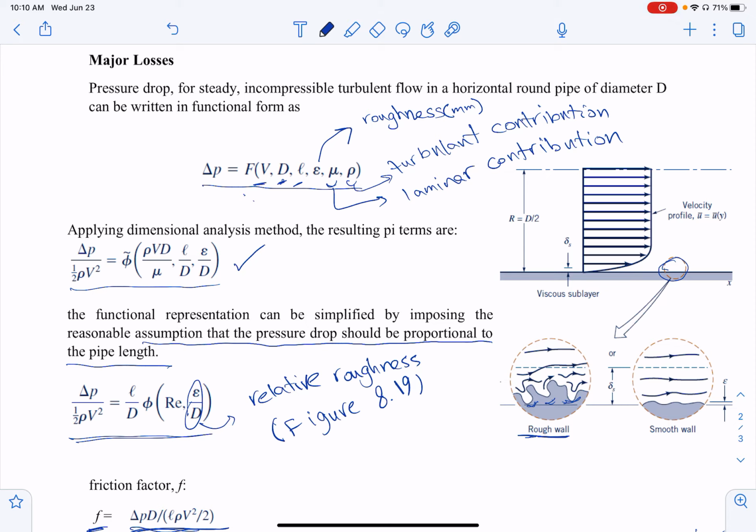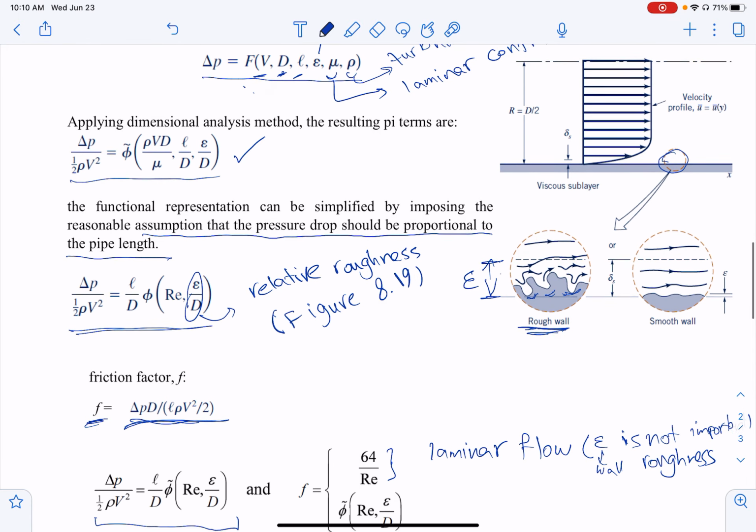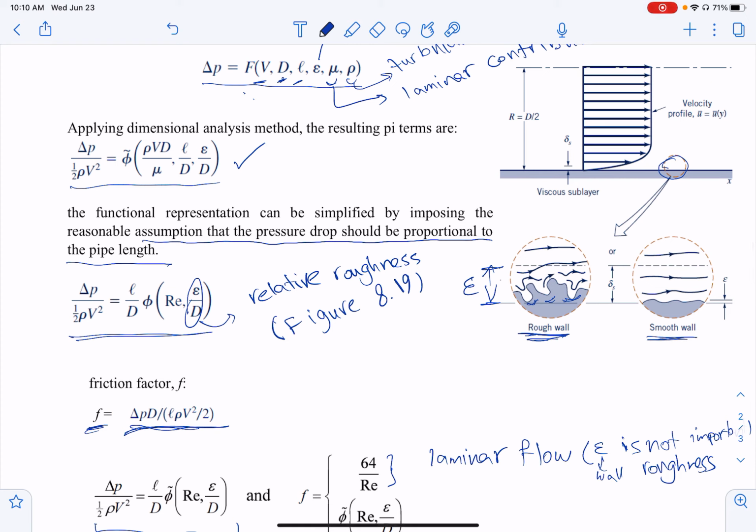So this is how we can see the rough wall there. From here to here is epsilon. And if it's a smooth wall, epsilon is really small.